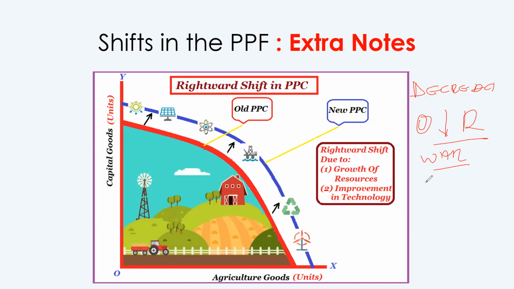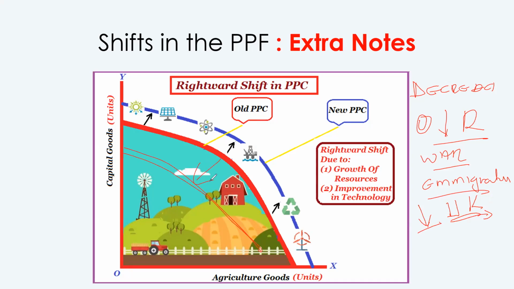Or let's say that there is emigration. South Africans are going to the UK to work in the UK. They are shifting and moving to the UK. That emigration means we are losing labor as South Africans. So when we lose the labor, there is going to be a decline in the PPC. It's going to shift to the left.